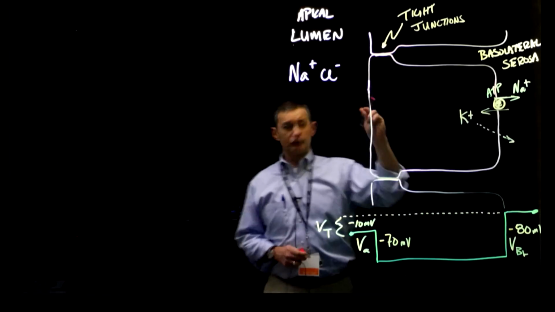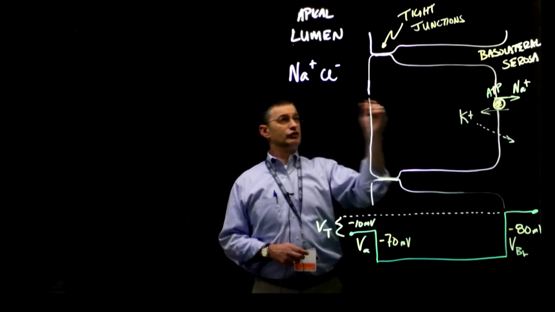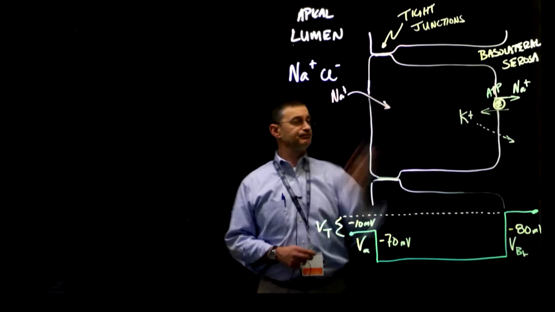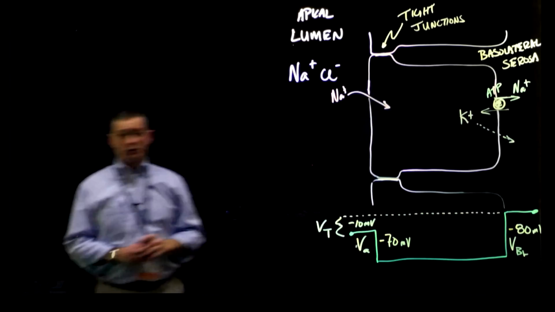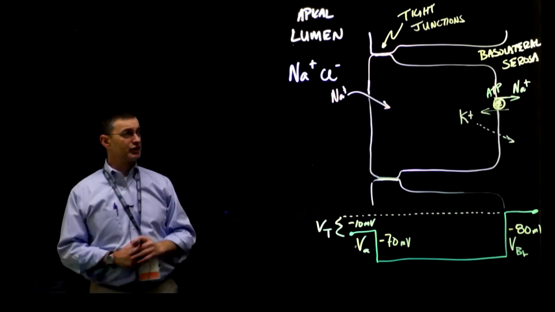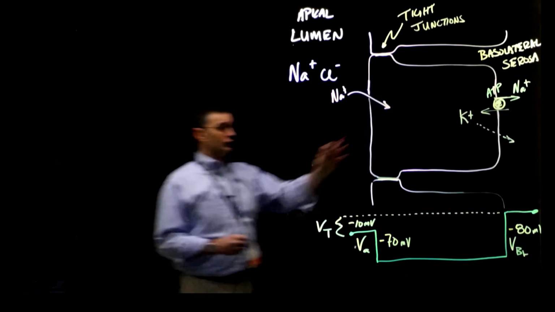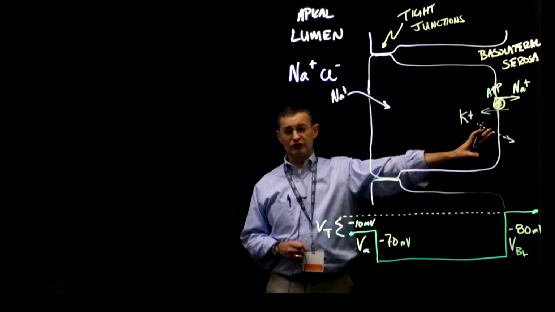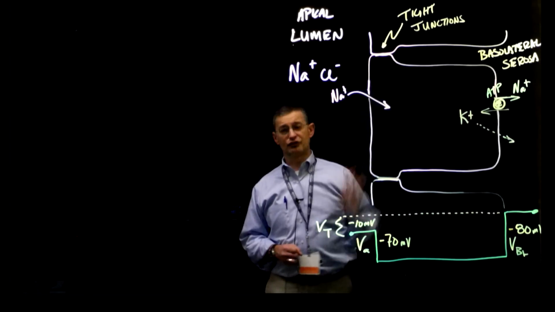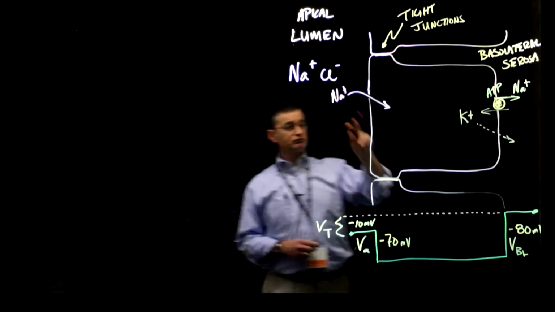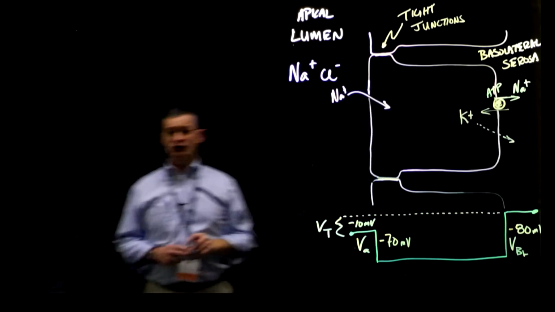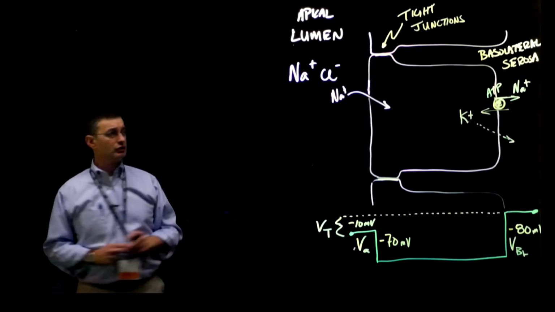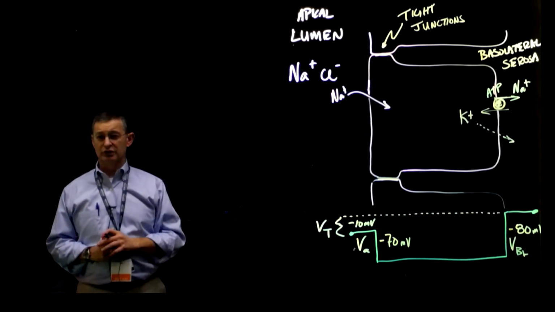The mechanism for reabsorption of sodium is the existence of a sodium channel in the apical membrane of the cell monolayer. Because the sodium pump makes the sodium concentration inside the cell low and the potassium concentration inside the cell high, sodium moves through that channel down its chemical gradient into the cell very easily. The chemical gradient is actually very large.